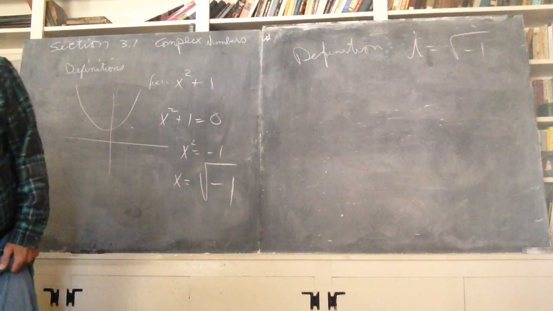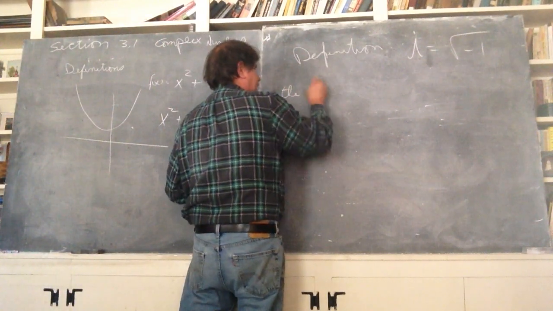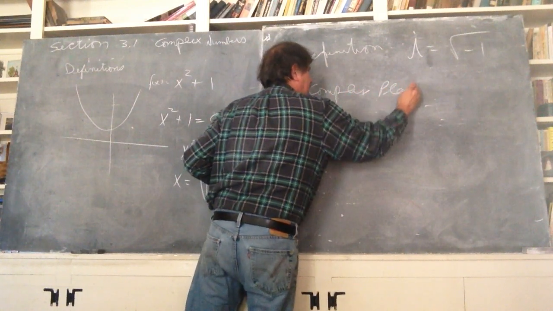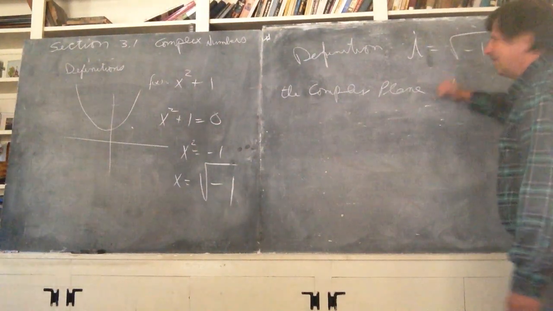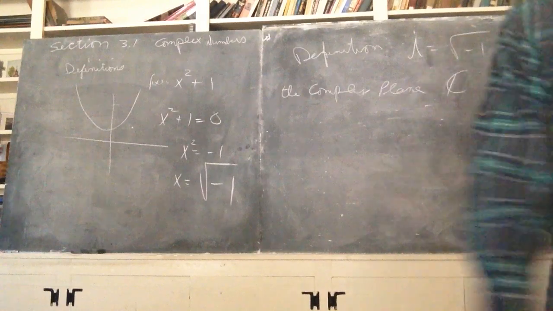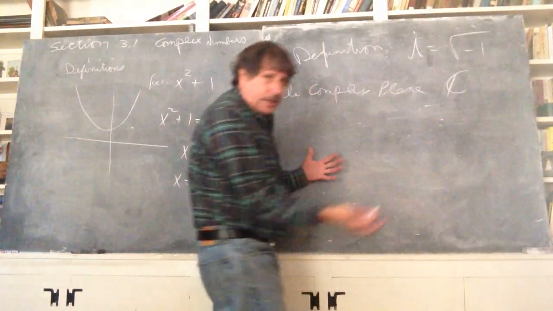And then the complex plane works like this. The plane, the complex plane. And, by the way, much as we denote real numbers, C with a, yeah, something like that. That's how you denote the complex plane. And it's much like the coordinate plane.